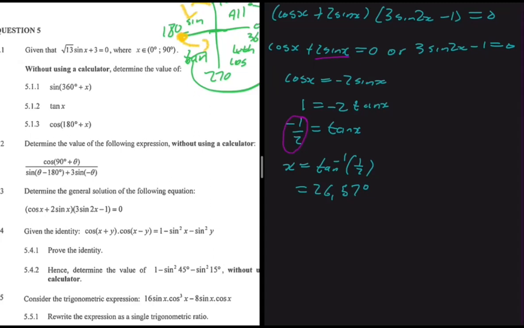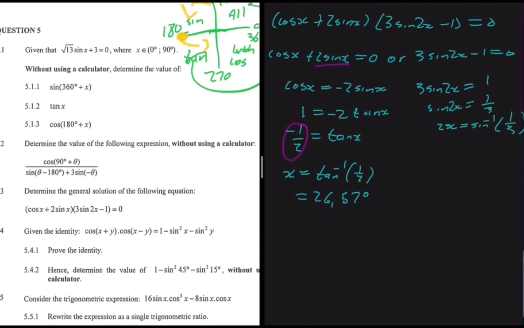So if we solve that part of the equation, we're going to get 3 sine of 2x being equal to 1. So sine of 2x is equal to 1 divided by 3. So 2x is equal to arcsine of 1 divided by 3.